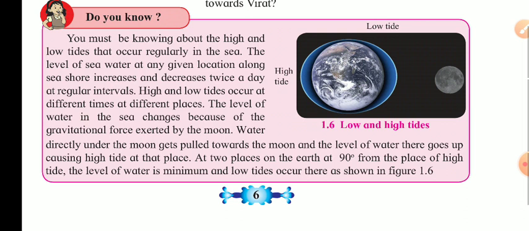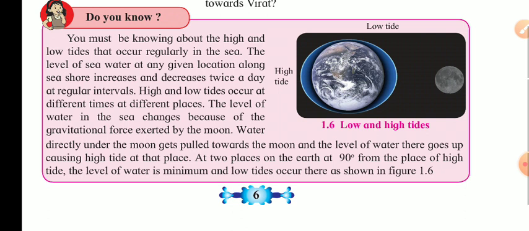So they are calculating all this, and this phenomenon is explained by Newton's universal law of gravitation, which we have already studied. It is the combined effect of the gravity of the earth and the gravitational force of the moon and the sun. The combined effect of that brings changes in the level of the sea.